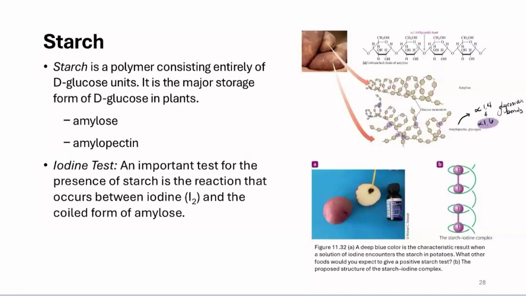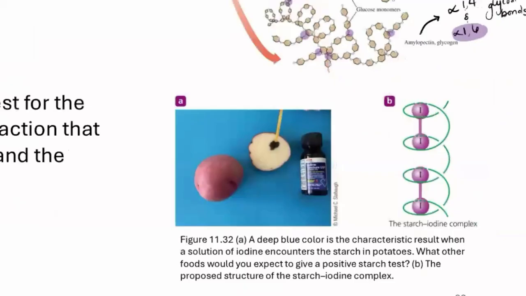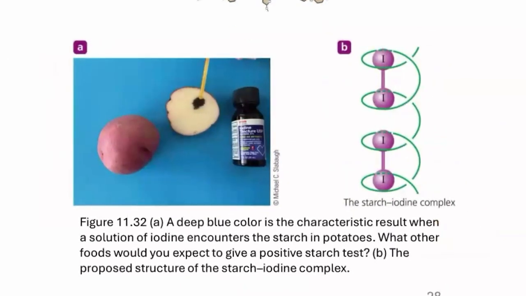If we look closely at figure 11.32, we can observe that molecular iodine molecules are going to be sitting on the helical portion of the alpha 1,4 glycosidic bond coil that is present in amylose and amylopectin. And when it does that, it undergoes a color change.